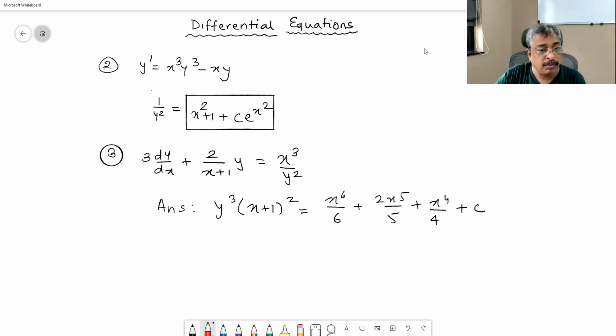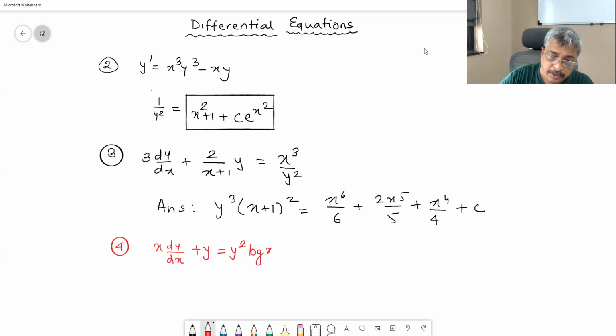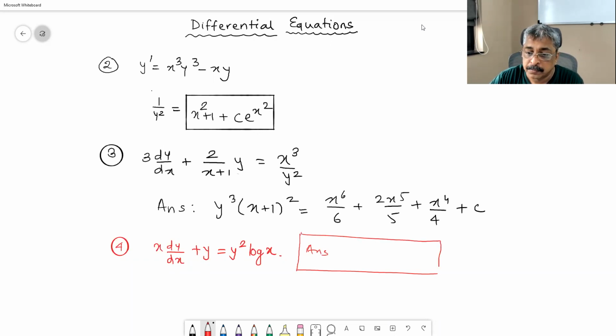Now it's problem number 4: x dy by dx plus y is equal to y square log x. Get me the answer in the form... is equal to 1.